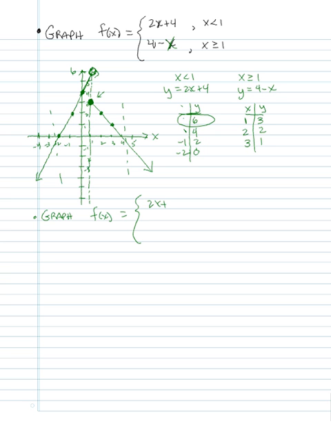Let me stop and think about this here just a moment. Well, let's say 2x plus 4 if x is less than 1. But let's say 7 minus x if x is greater than or equal to 1.